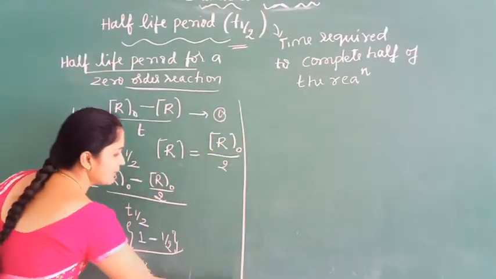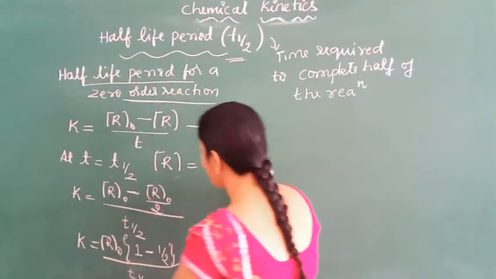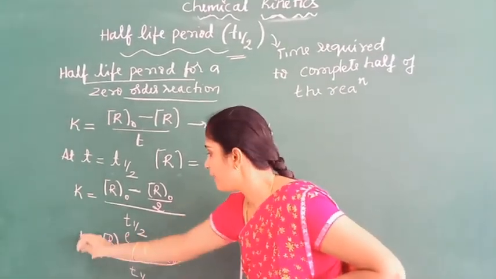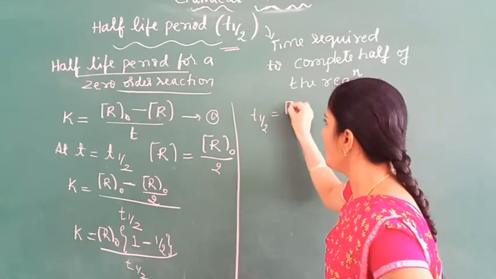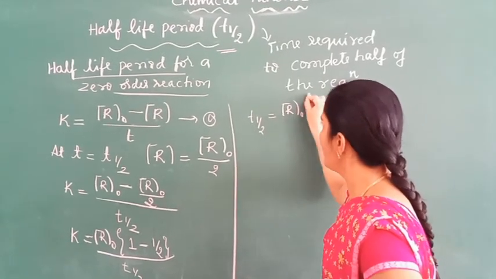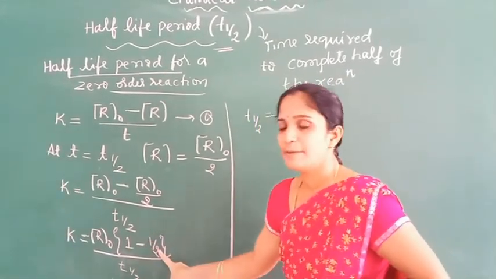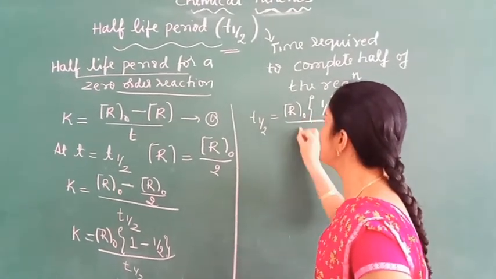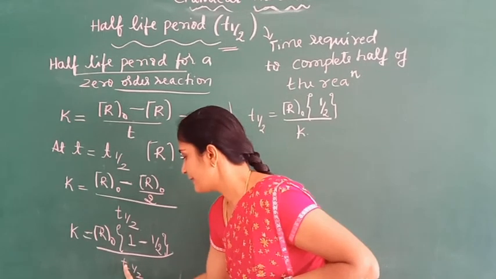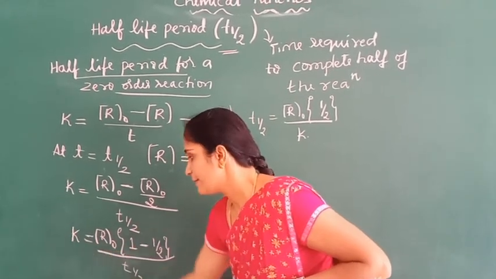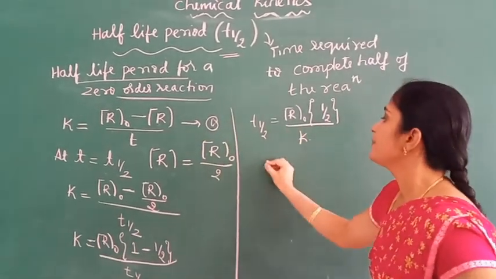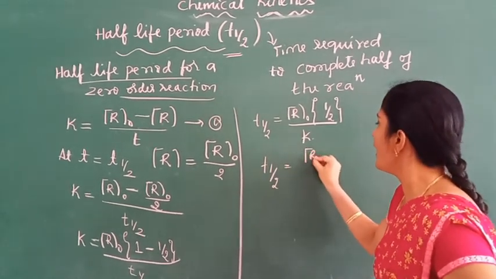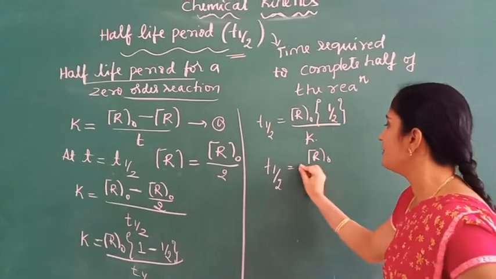Here we have to calculate t half. Therefore take this t half to this side: t half equals R naught of 1 minus half, that is half, divided by k. So we get t half equals R naught divided by 2k.